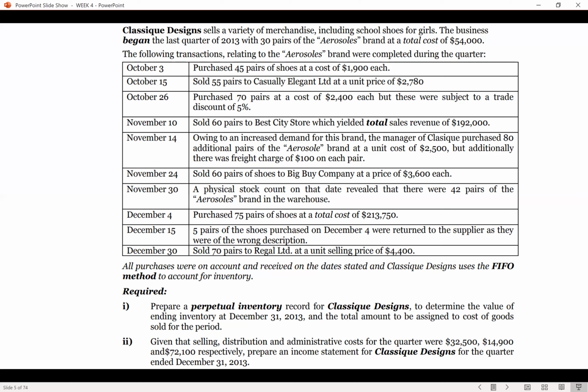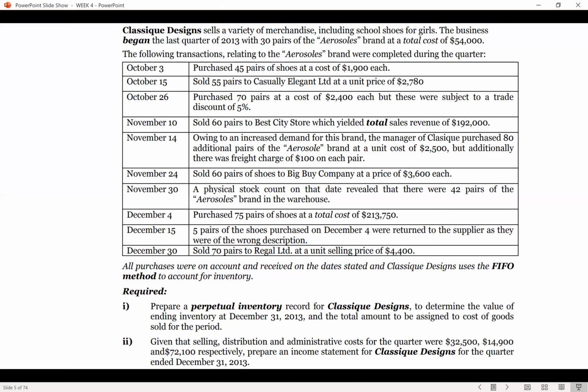Below that, there is a note that says all purchases were on account. So what this means is that whenever they purchased goods, it was on credit. So this is going to be accounts payable.